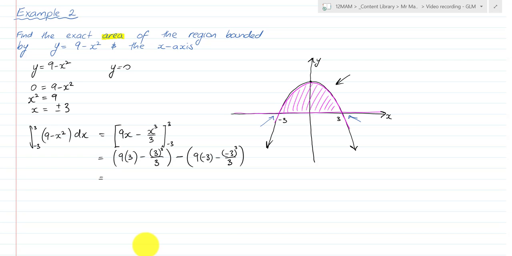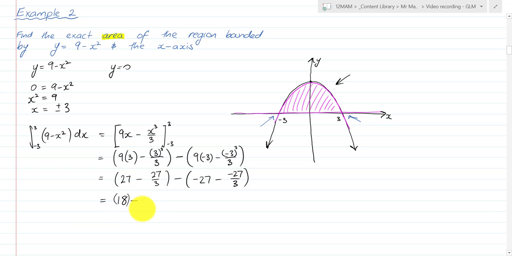You can put this straight in your calculator, but it's really important to be careful at this stage. So I've got 27 minus 27 over 3, minus negative 27 minus, and this becomes negative 27 over 3. There's a lot of negatives here. 27 over 3 is 9. 27 minus 9 is 18.